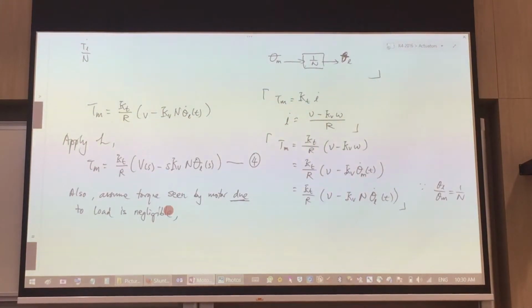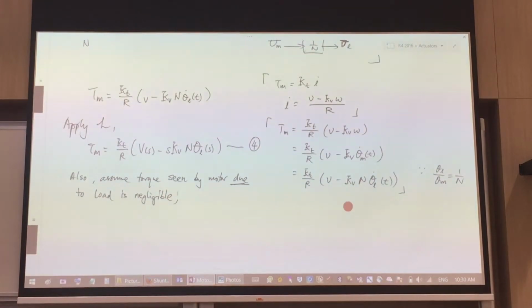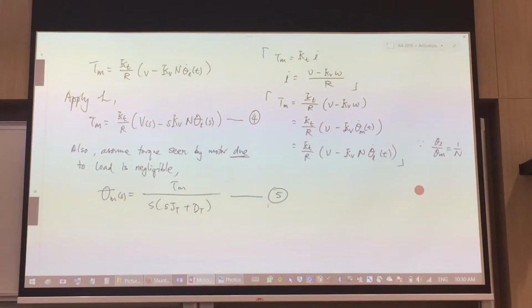So if the torque seen by the motor due to the load is negligible, that means theta M is equal to Tm, so the torque on the load side will be gone, and you get this expression that we call equation 5.